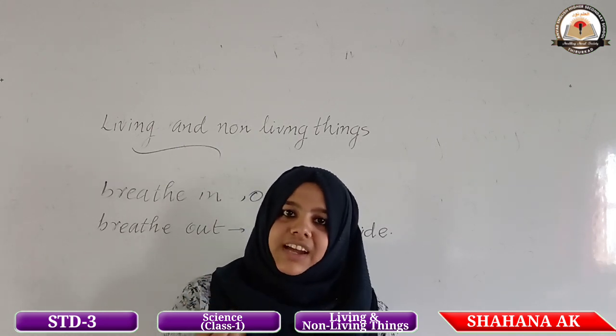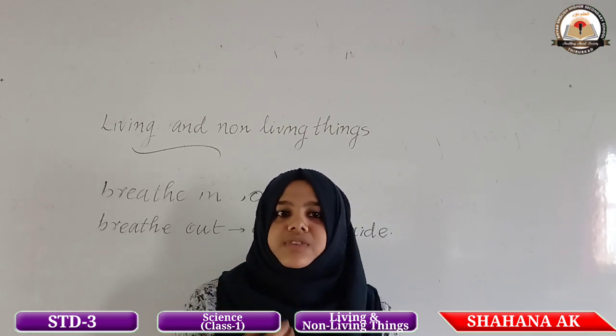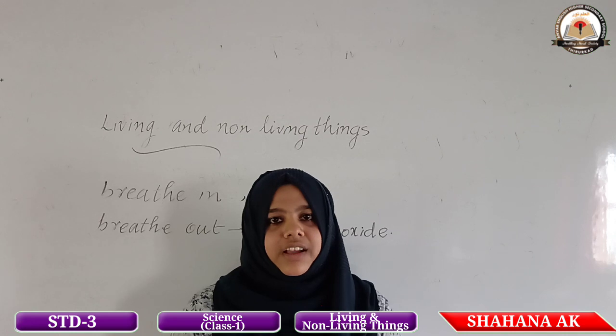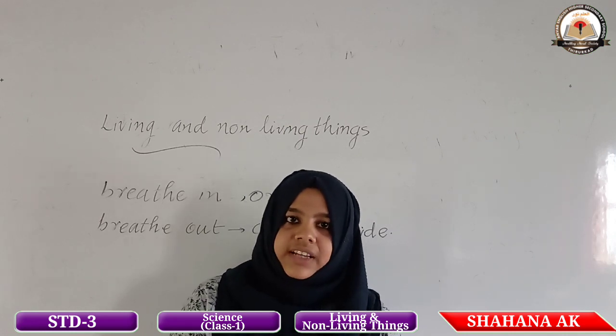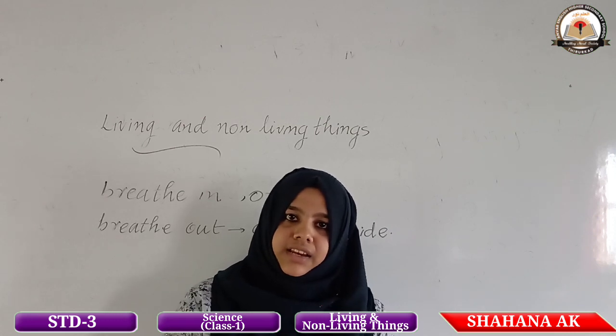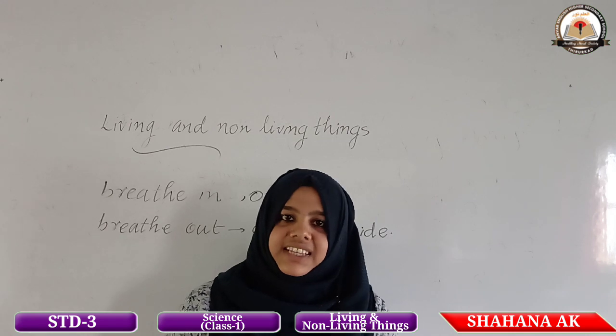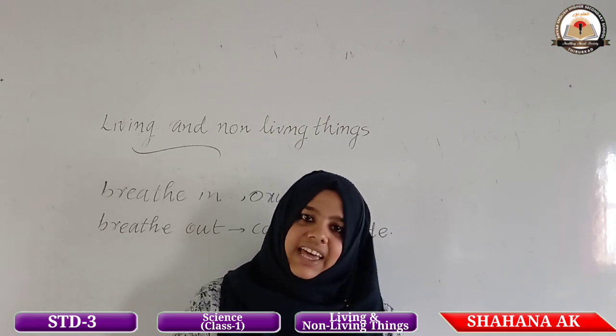Then we are using different organs to breathe. Which organ are we using to breathe? That's our lungs. Likewise, plants use stomata, fishes use gills, and insects use air sacs.